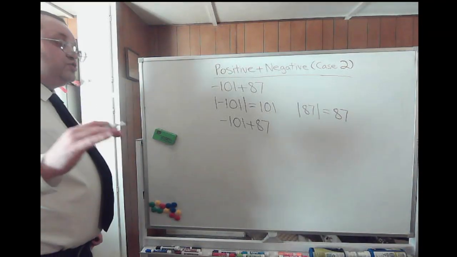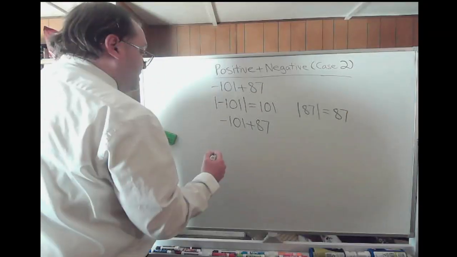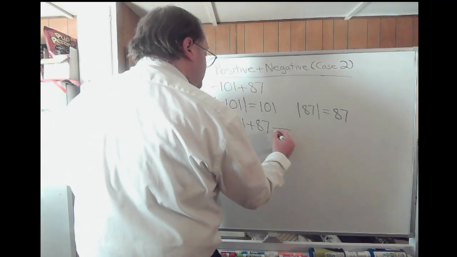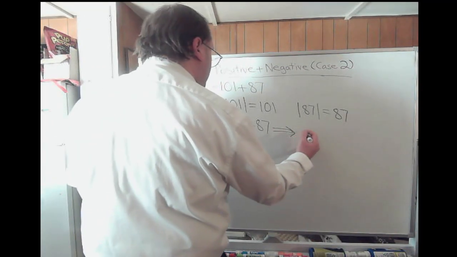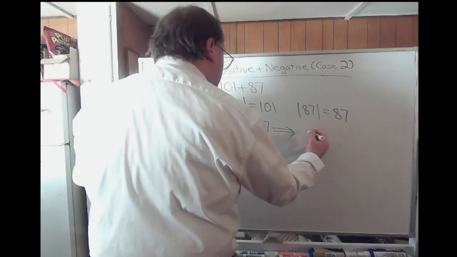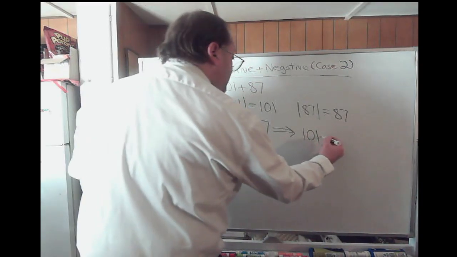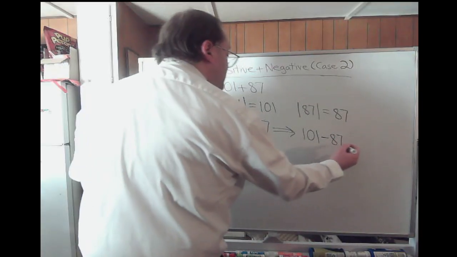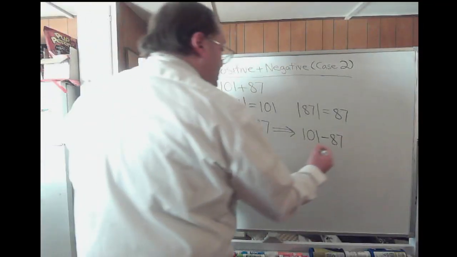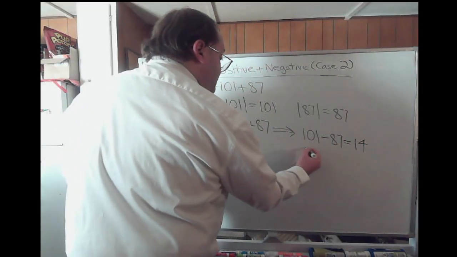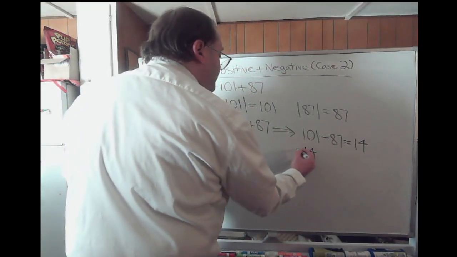What you can do to trick the system temporarily is you can switch the terms, you can transpose that into 101 minus 87, which would give you 14. However, at the end, you got to throw a negative number on at the beginning.